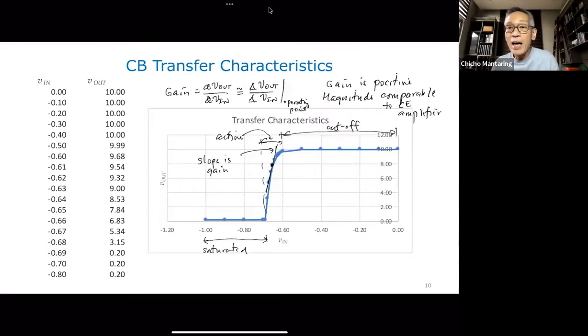What resistance does the input signal feel when you connect it to the amplifier? You will study more about that later on. But now you know the common emitter has high negative gain, and the common base has positive gain, also high gain. Any questions so far?